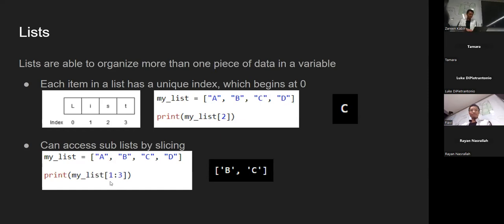The first number is inclusive, meaning it includes the element at that index, while the second number is exclusive, meaning it takes the element before that index. So for example, if you put 1 and 3, it would take B because B is at index 1, and at index 3 it's D, except the second one is exclusive, meaning it will only take C. So that's a useful little tip.